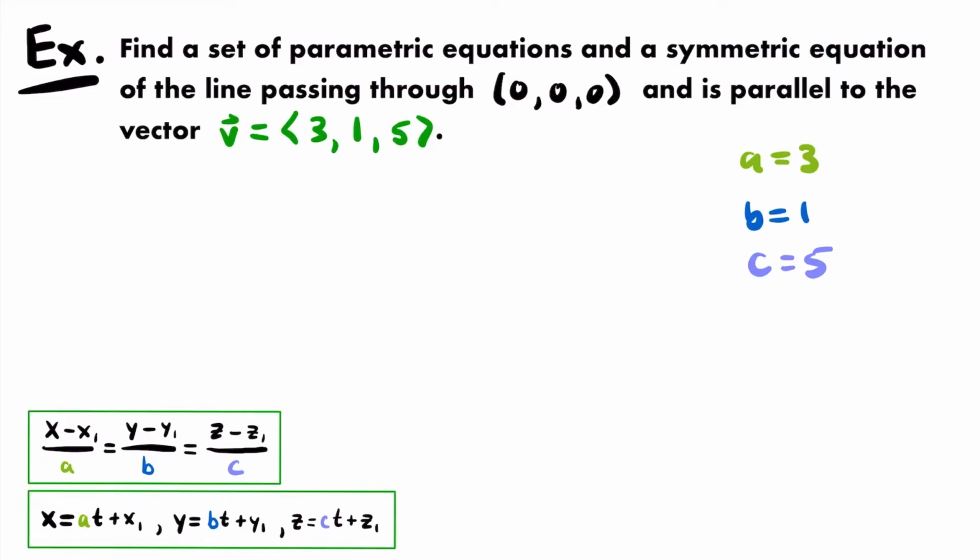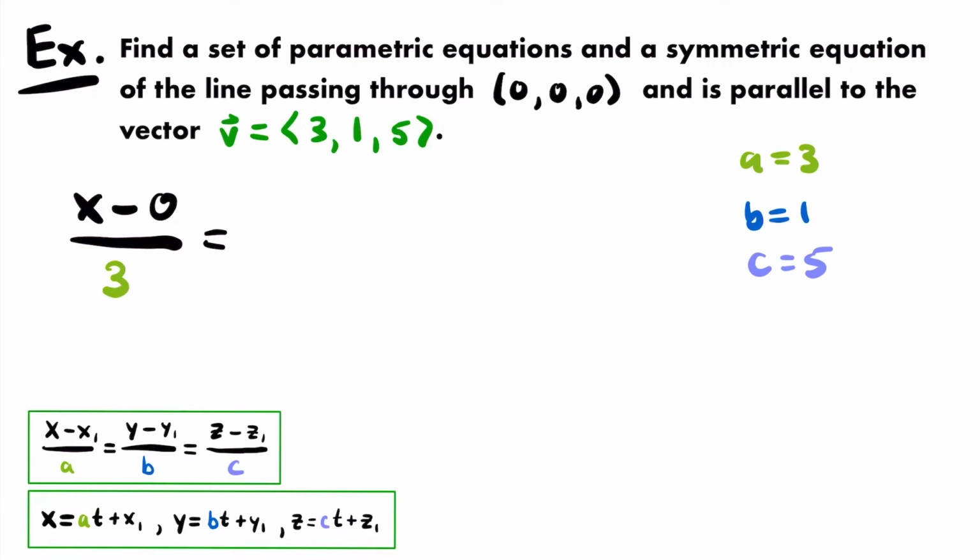We're going to have x minus x1, which is the x coordinate of the point, which is 0. And notice that all three of these coordinates are 0. So y1 is 0 and z1 is 0. That makes this pretty easy. We're going to have x minus 0 divided by a, the x component of our direction vector, which is 3. So we're dividing by 3.